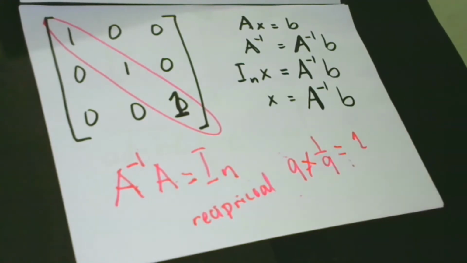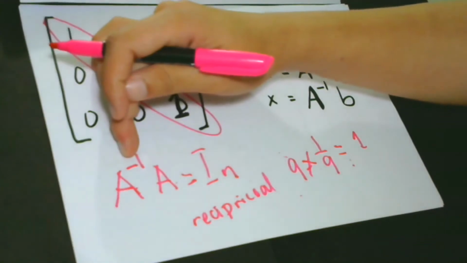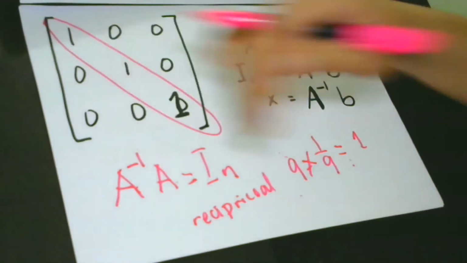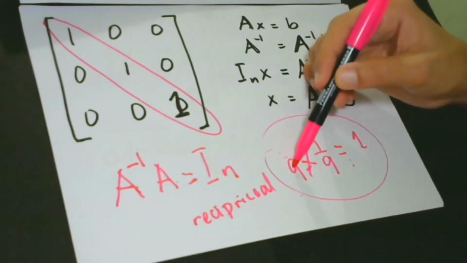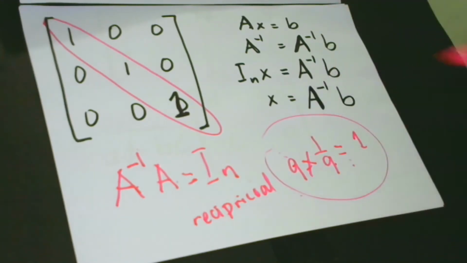So the idea behind the inverse is the same idea as the reciprocal, such that when we multiply the two, the result is 1.